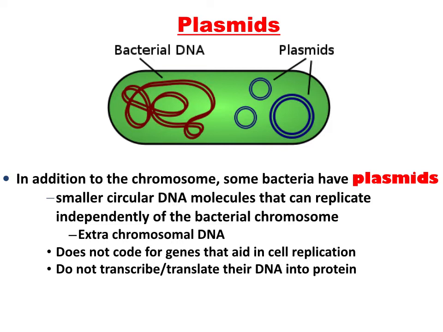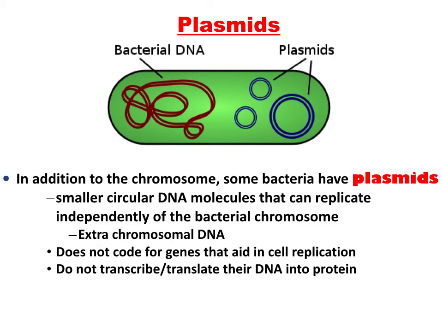Okay, in general, the plasmids cannot function on their own. Okay, so it's not possible to express genes that are part of a plasmid, but plasmids can become part of the chromosome. Okay, so plasmids are kind of a way to store extra DNA that you might not need to use all the time.